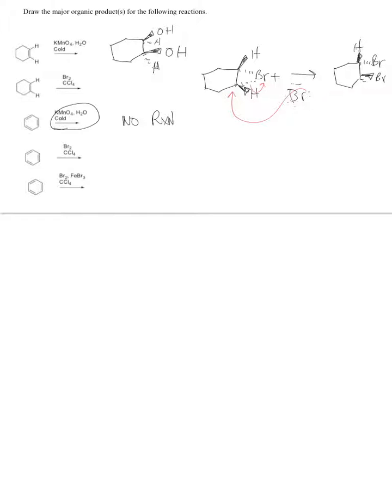Now, if you do the same conditions with bromine and benzene, you get no reaction.